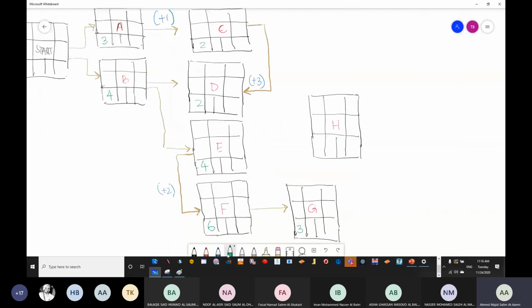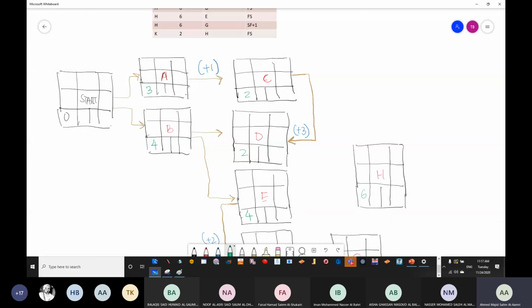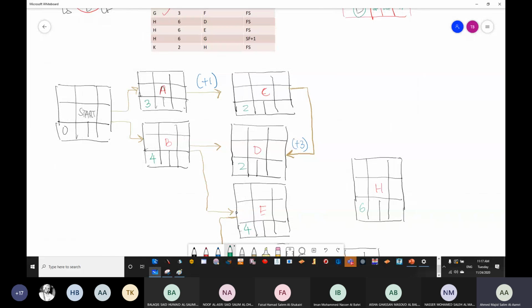The first relationship for H is finish D to start H. So we are finishing D to start H. And then we need to finish E to start H. So we are finishing E to start H.